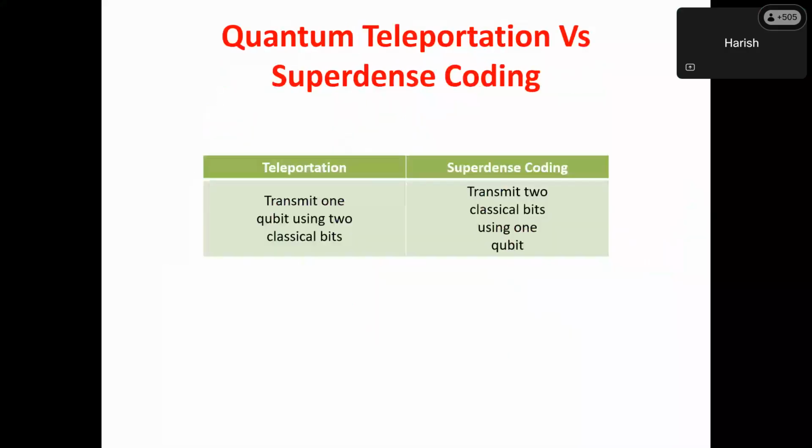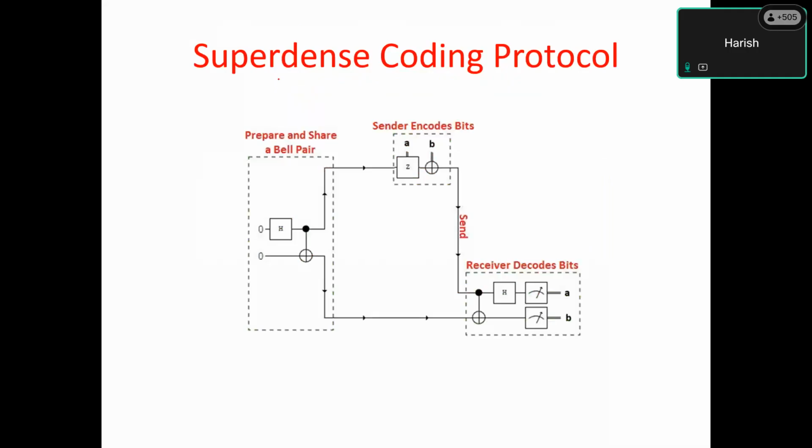Before going to the implementation on Qiskit, I just want to clarify the key differences between these two schemes: quantum teleportation and superdense coding. In superdense coding, with one qubit the goal was to send 2 bits of information.